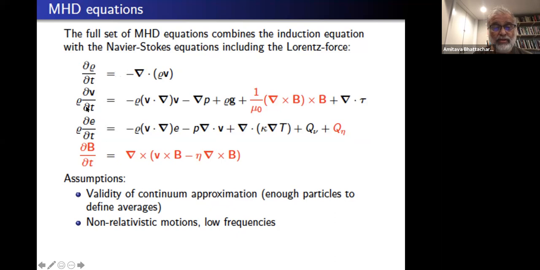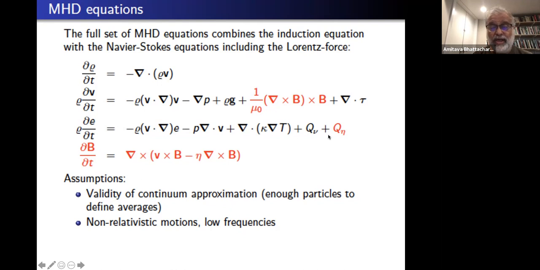The second one, just below it, is the momentum equation, which has scalar pressure. That's an assumption. Gravity, the Lorentz force J cross B, and a viscous tensor that I will explain to you later on. Then there is an equation for the internal energy or the pressure.